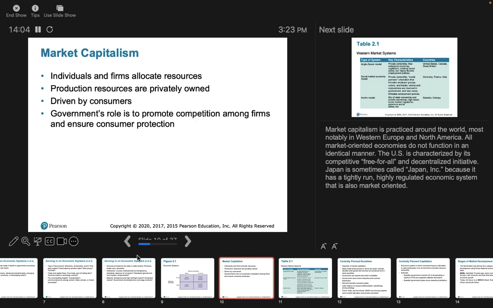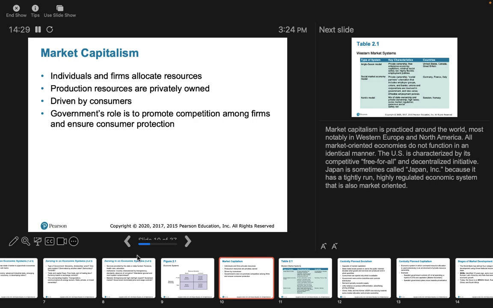For example, the US is characterized by its competitive free-for-all and decentralized initiative. Japan is sometimes called Japan Inc. because it has a tightly run, highly regulated economic system that is also market oriented. So market capitalism is practiced around the world, mostly in Western Europe and North America. Okay.